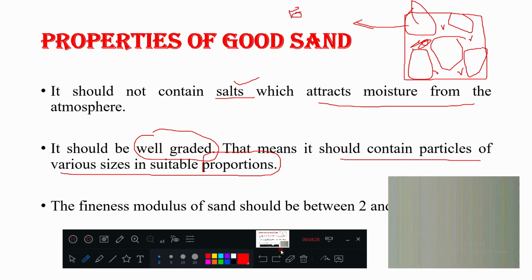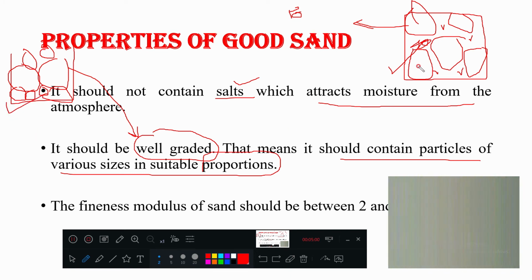If a sample contains all sizes, bigger particles are also there, and to fill any void, smaller particles are also present in that sample. So continuously all sizes are present, then it is called well graded. You understand in which case voids are more? Poorly graded. Voids are less in well graded.